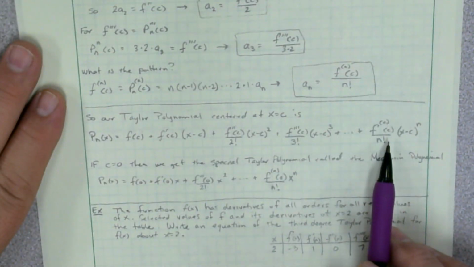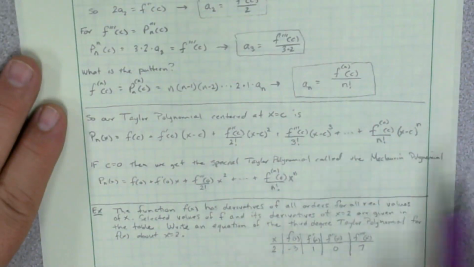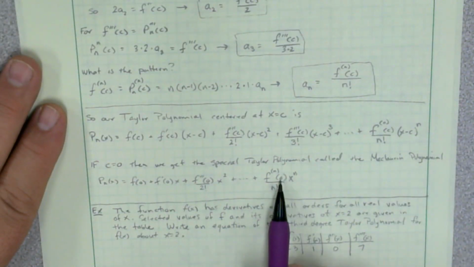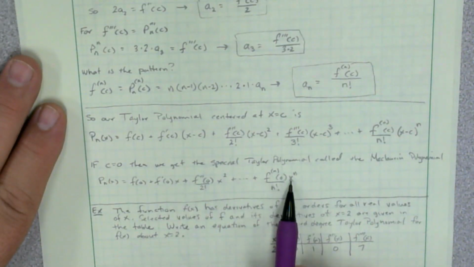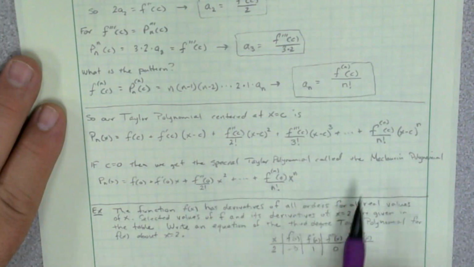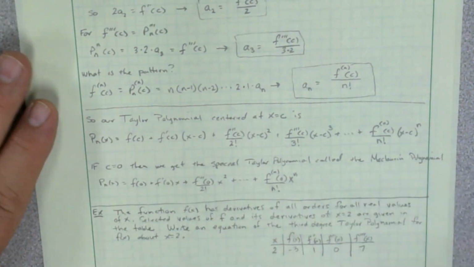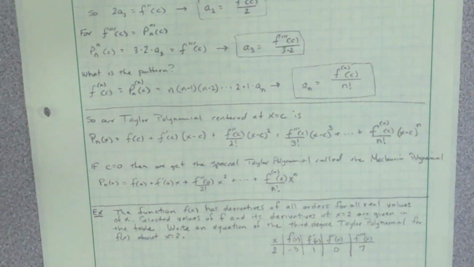And if it was centered at 0, a Maclaurin polynomial, these c values would be 0, and there would be x minus 0, which is just x. So this is your formula for Taylor polynomials that we're going to be using. With that, I'm going to do another example for you.